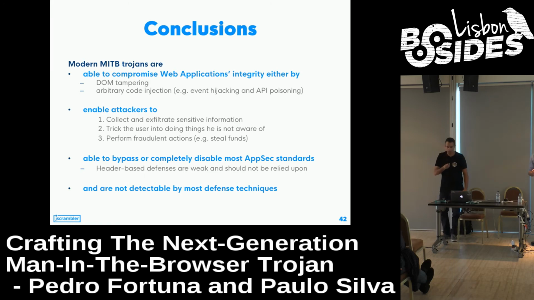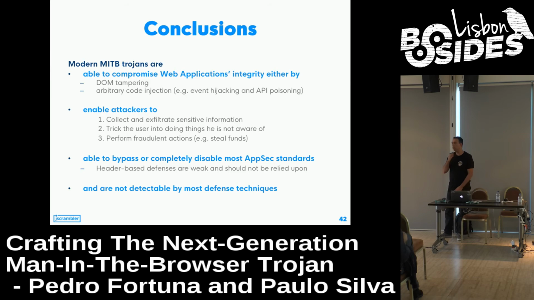Sorry about that. So, wrapping this up, we saw that modern man-in-the-browser Trojans are capable of completely compromising web applications by doing DOM tampering, hijacking events and doing API poisoning, just injecting arbitrary code into the web page. They can exfiltrate sensitive information, trick the user into doing other things like downloading fake mobile applications and compromising the user's mobile device.